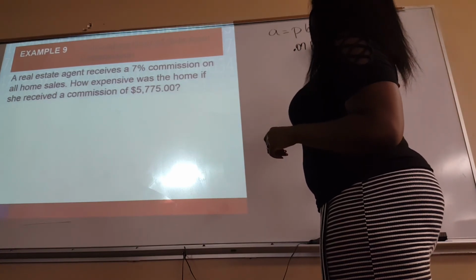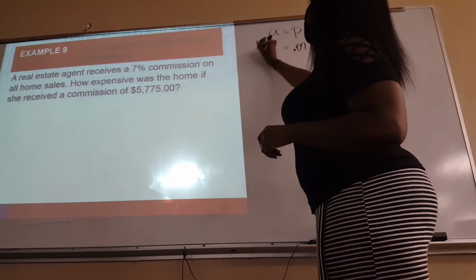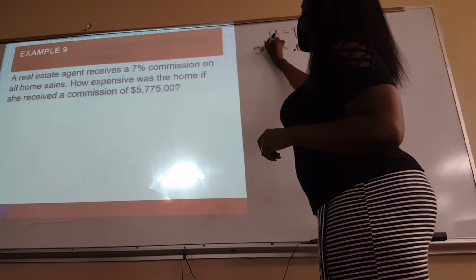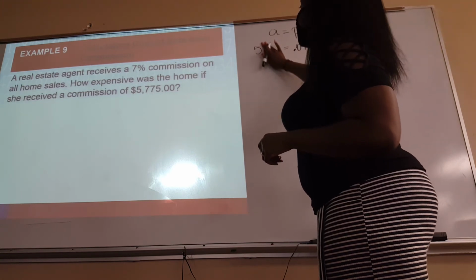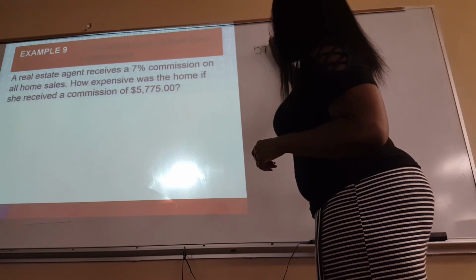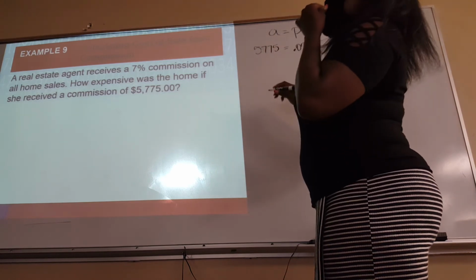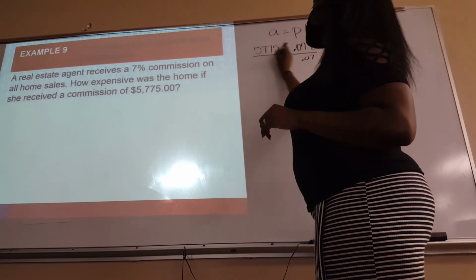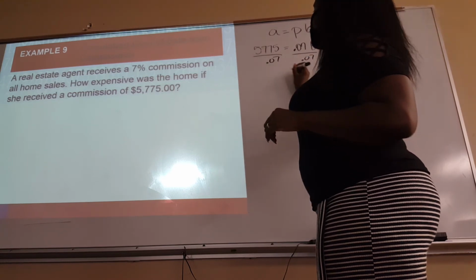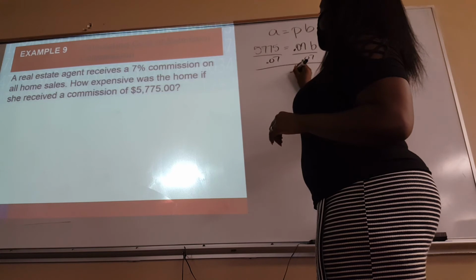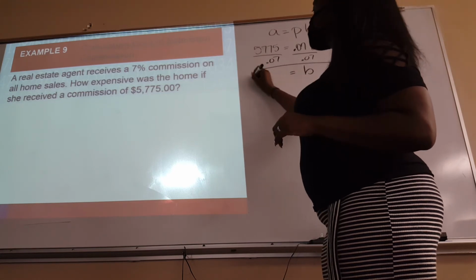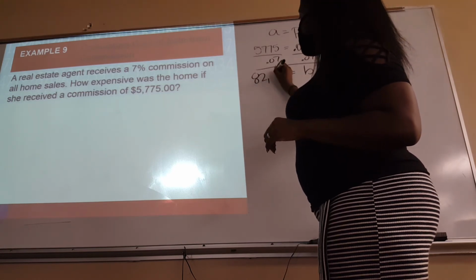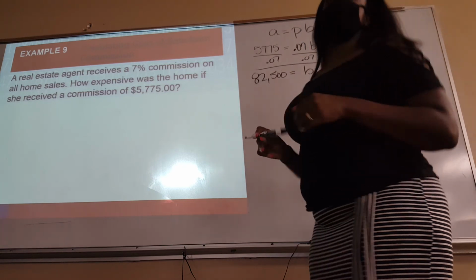We're looking for the base because that's how much the house cost before. 5,775. And we divide both sides by 0.07 to get B alone. B should equal $82,500.